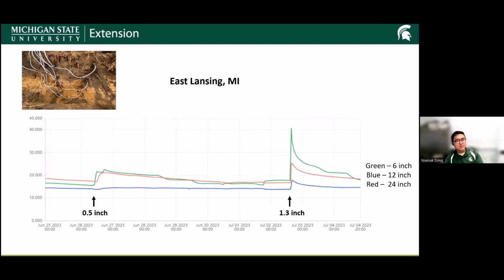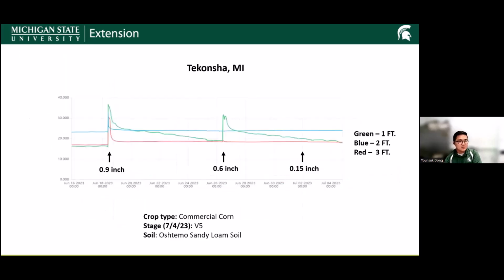But keep in mind, this field was irrigated a couple times in May, so it had higher moisture content when we started in June. We have another sensor set down in Tekonsha, and this field got 0.9 inch of water on June 18.